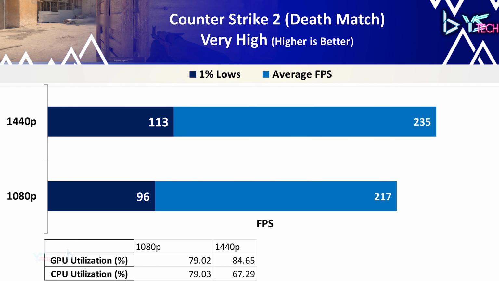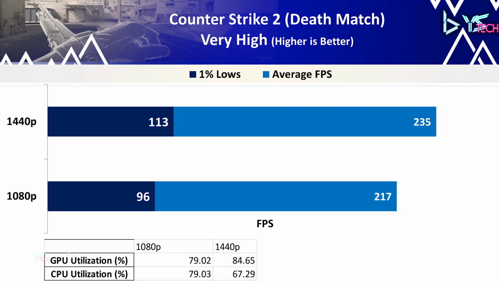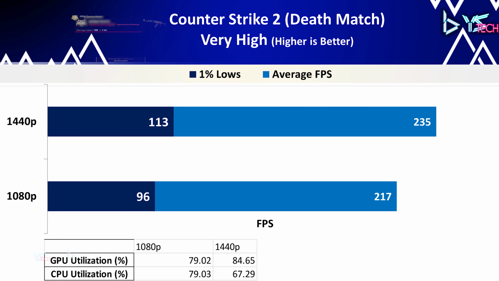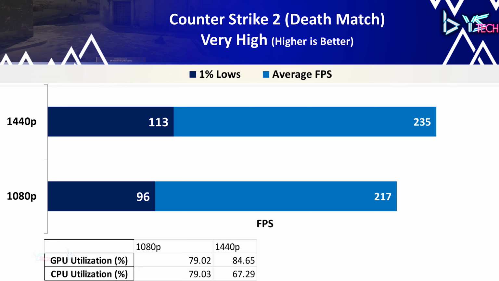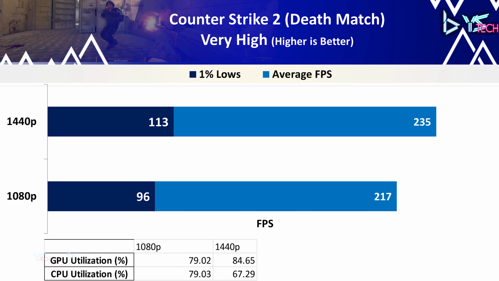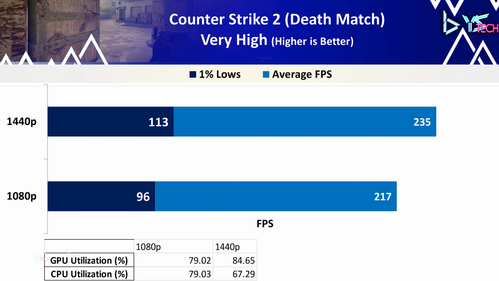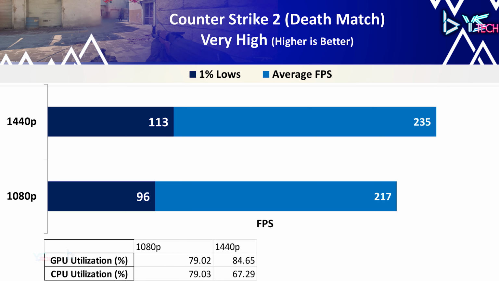Next up we have Counter-Strike 2 at very high settings, and at 1080p we got an average FPS of 217, while at 1440p we had a slight uplift in FPS to 235. We also find the same thing with the 1% lows at 96 FPS for 1080p and 113 FPS for 1440p.